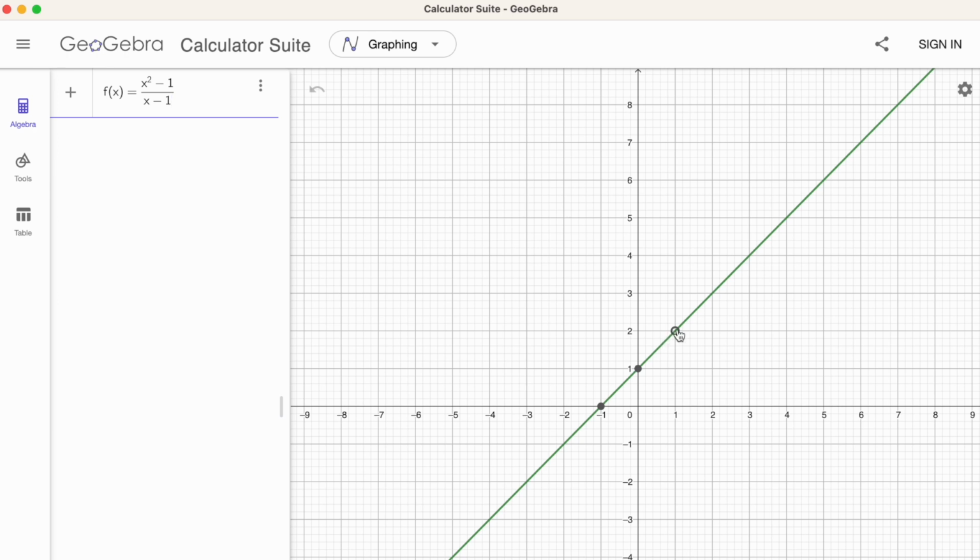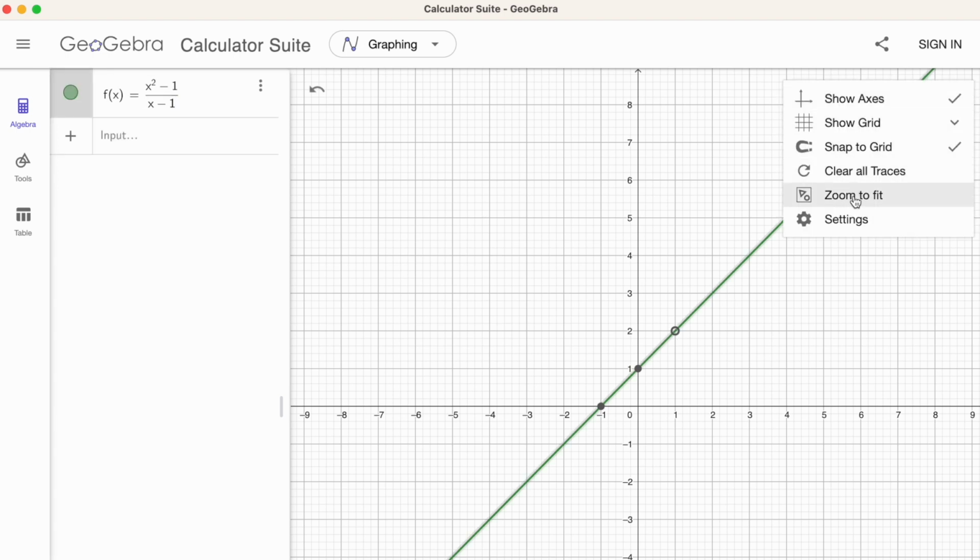Sometimes when you make the graph it is in such a way that you cannot see the hole, the missing point in the graph. You can go here to settings. In this case I am seeing the hole, but if I don't see this missing point, what I'm going to do is just zoom to fit.